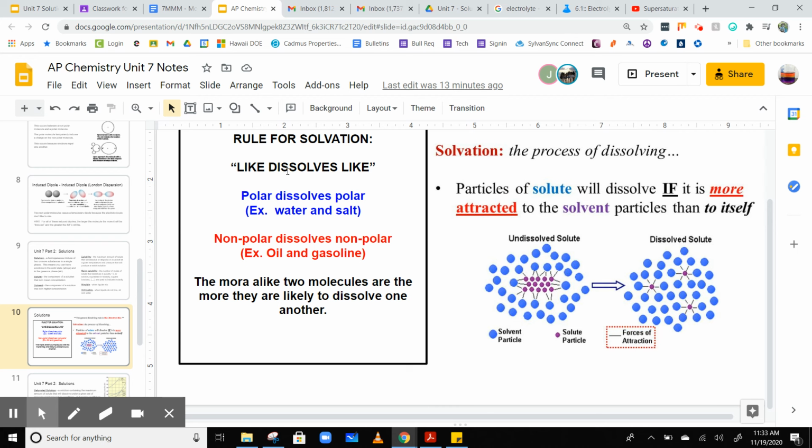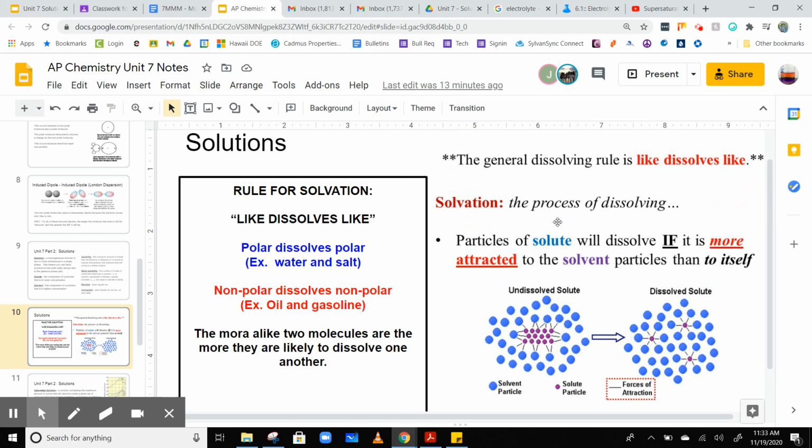The intermolecular forces between the solvent and solute have to be similar, because they have to basically act like they're the same thing. They have to act as if there's no change. It's kind of hard to explain, but they have to be very similar to one another.